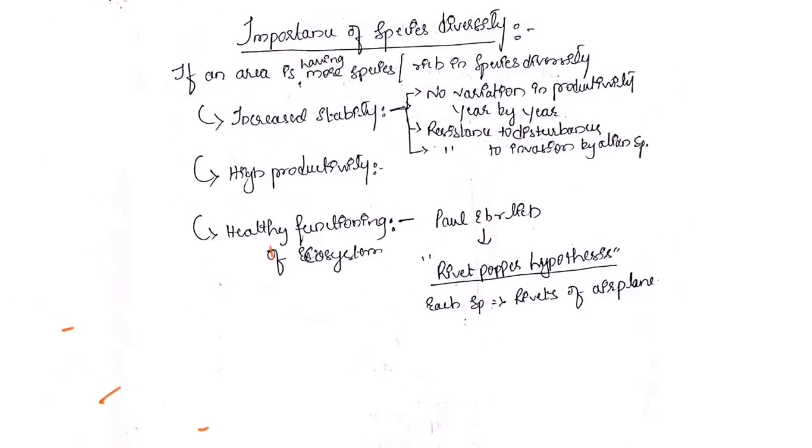If the species diversity is more, it helps in increased stability. How will we tell that it is more stable? No variation in productivity year by year, resistance to natural and man-made disturbances, and resistance to invasion by alien species, higher productivity, healthy functioning of ecosystem. This is the importance of species diversity.